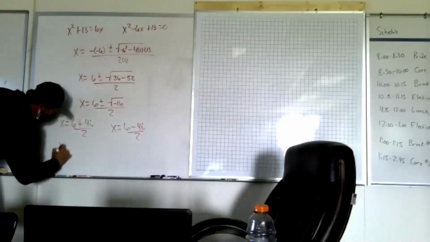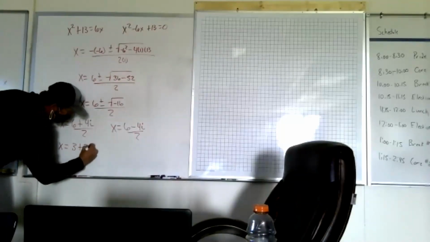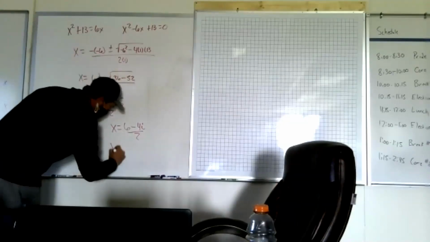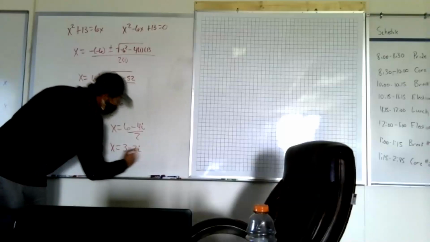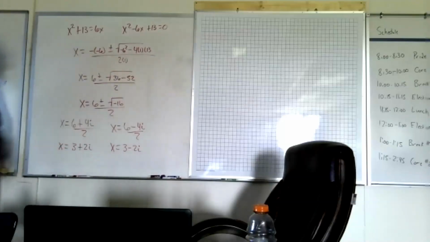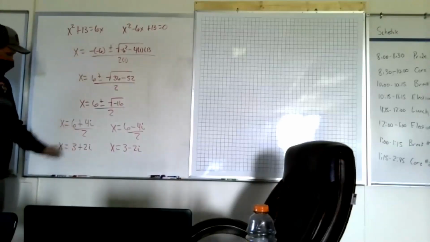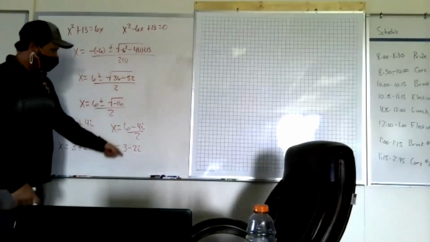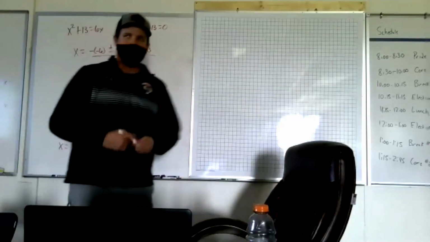Okay, so x is equal to 3 plus 2i, and x is equal to 3 minus 2i. Because 4i divided by 2 is 2i, 6 divided by 2 is 3, and negative 4i divided by 2 is 2i.